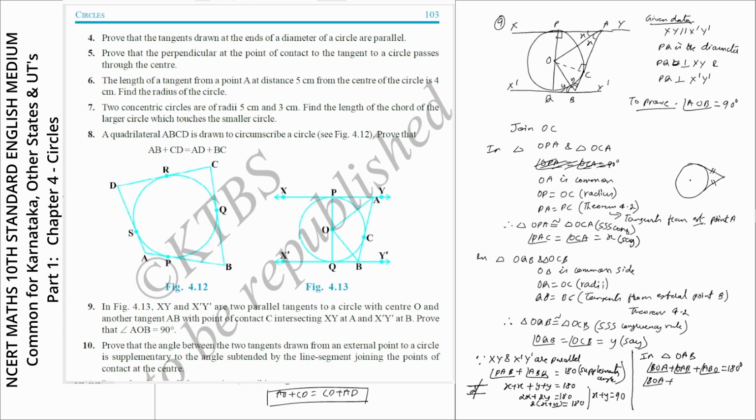OAB is x, and ABO is y, so the sum is equal to 180 degrees.